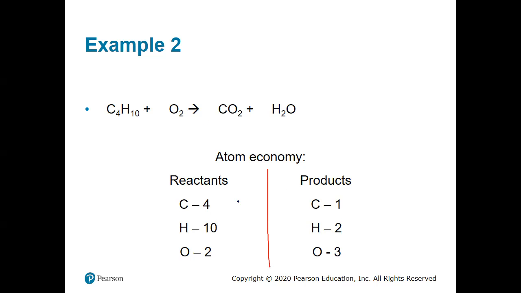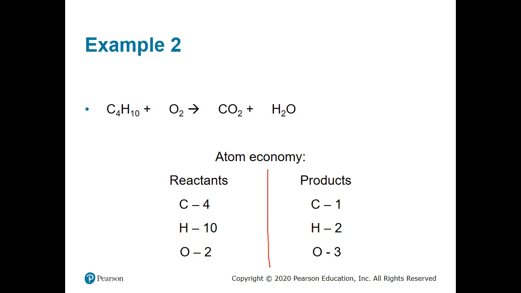So if we start up our atom economy, we see I've got 4 carbons, I've got 10 hydrogens, I've got 2 oxygens. On the flip side, I've got a carbon in CO2, 2 hydrogens in water, and a total of 3 oxygens. 2 from the carbon dioxide, 1 from the oxygen in water.